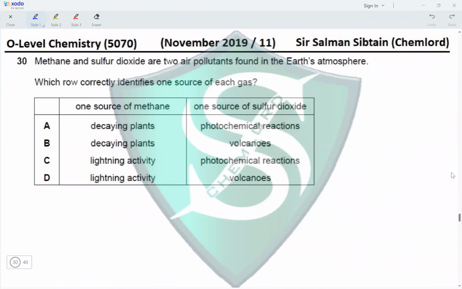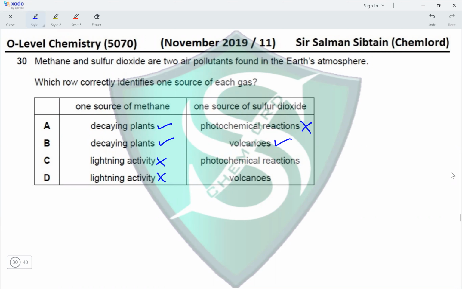Question 30. Methane and sulfur dioxide are two air pollutants found in the Earth's atmosphere. Which row correctly identifies one source of each gas? Methane. Decaying plants? Yes. Lightning activity? No. So options C and D have been eliminated. A and B remain. One source for sulfur dioxide. Photochemical reactions? No. Sulfur dioxide is not obtained from photochemical reactions.